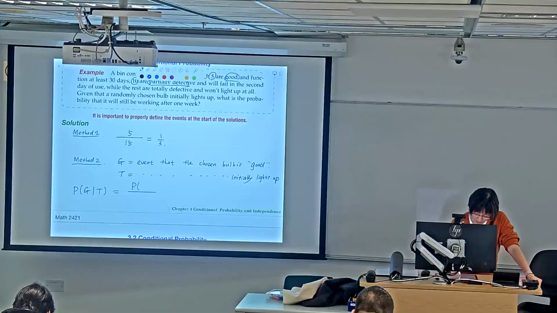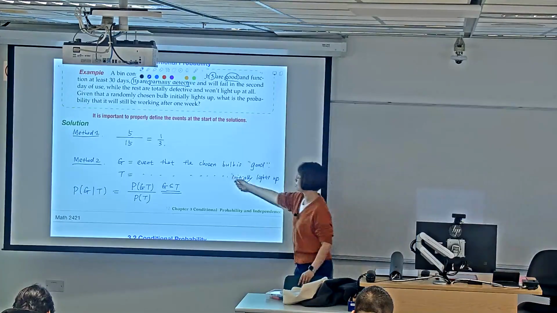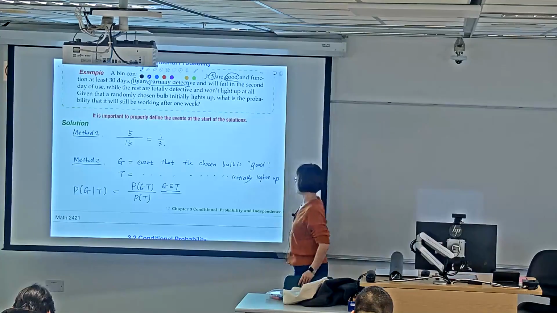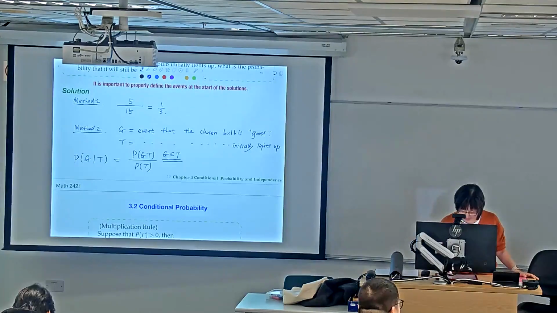So it's the probability of G intersect T divided by the probability of T. And also notice that G is a subset of T, because if you've chosen a good bulb, this implies it must initially light up. So it's a subset of that.